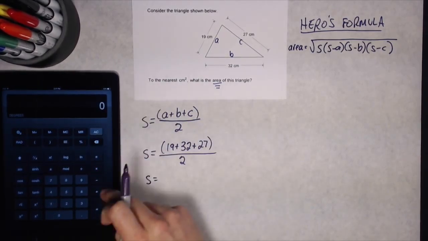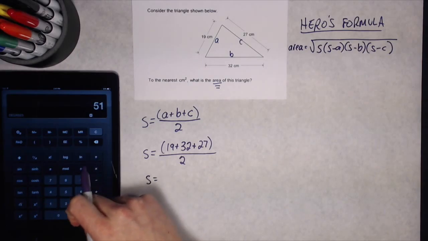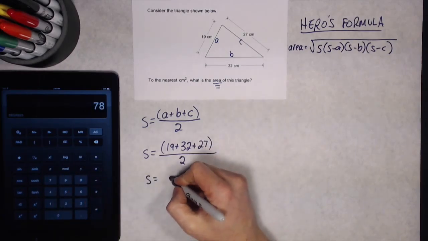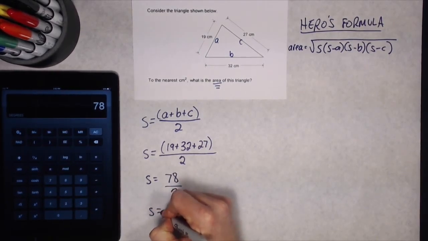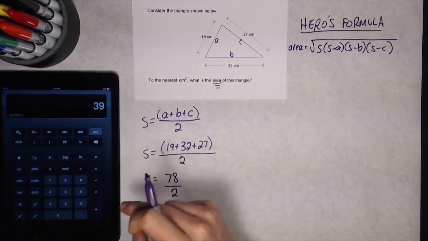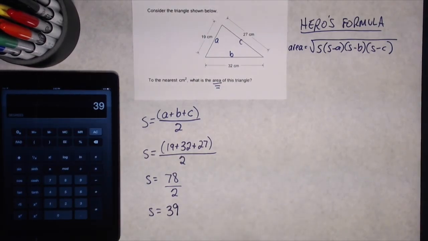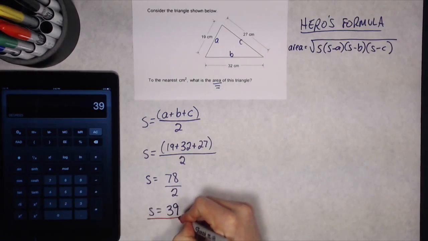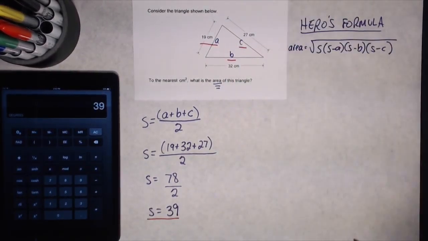So I'll go to the calculator and put in 19 plus 32 plus 27. That gives me 78 divided by 2, which is 39. And now that I've got a value for S, A, B, and C, I can fill them into the formula.